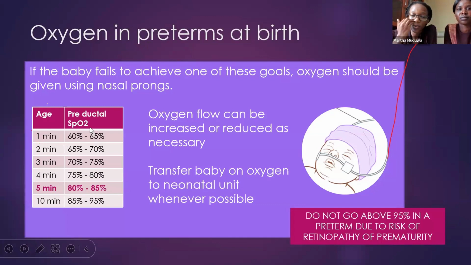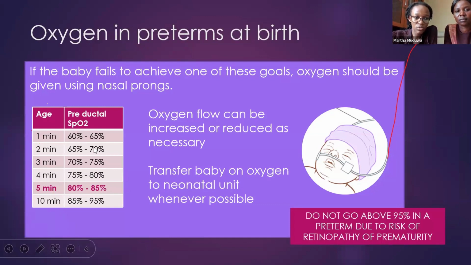So you take note that with preterm care, you need to have a lot of monitoring, continuous monitoring if possible. Which is usually a challenge for us, but we need to really think about it as we try to manage smaller and smaller babies in our different settings. So this is the target saturation for a preterm infant at different minutes of birth.